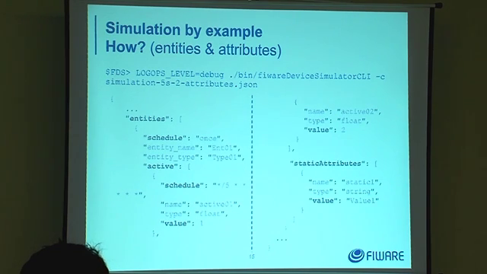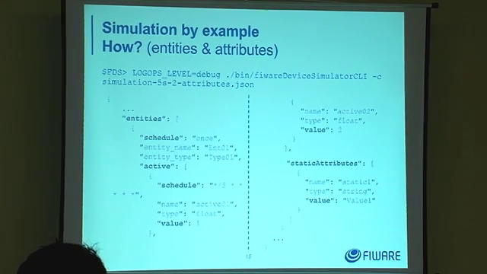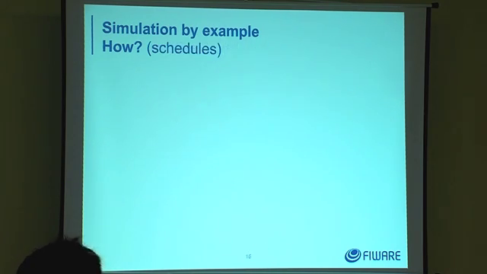If the schedule is specified at the active level, it will apply to those attributes. If not specified, it will be inherited from the entity level schedule property, as a way to model your behavior as finely as possible. So, yeah, probably one of the most interesting parts of the simulator is how to schedule updates.